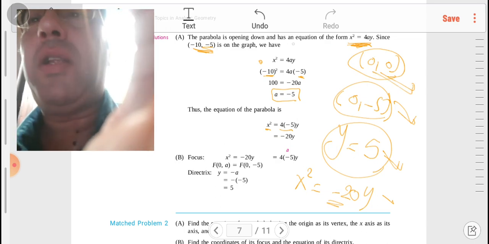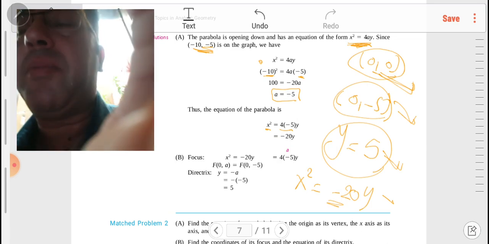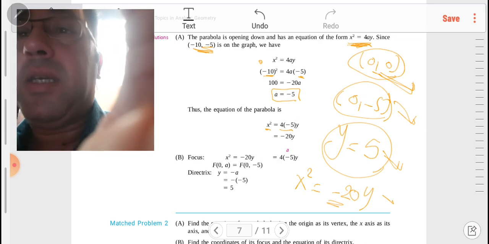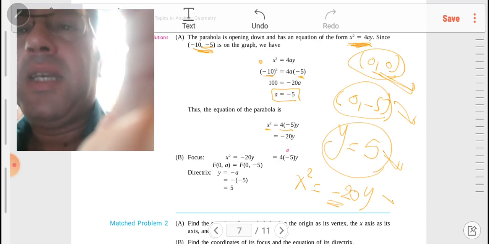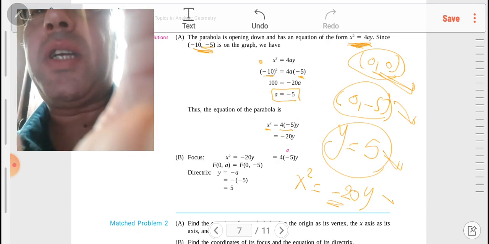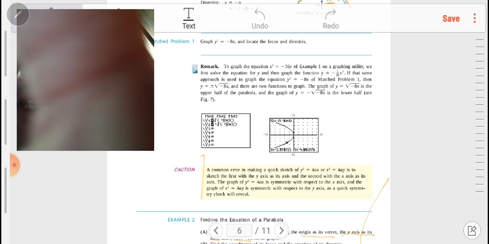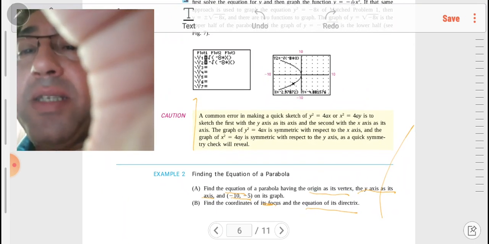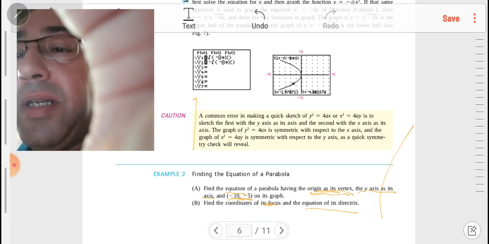First, the parabola has its vertex at the origin, and it's up and down, so it's a vertical parabola. So I have to write the main equation, which is x squared equals 4ay.